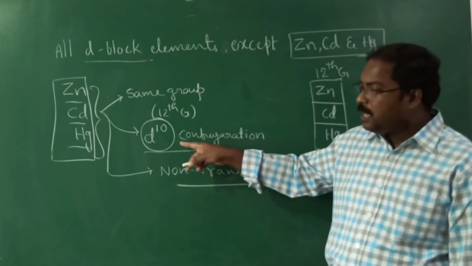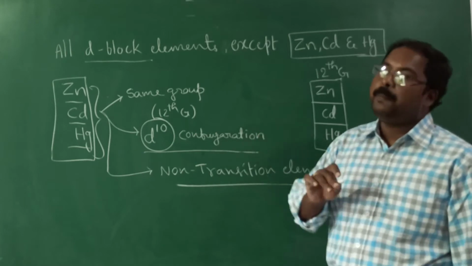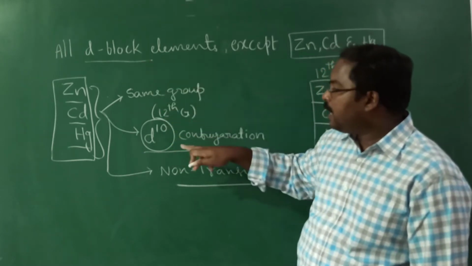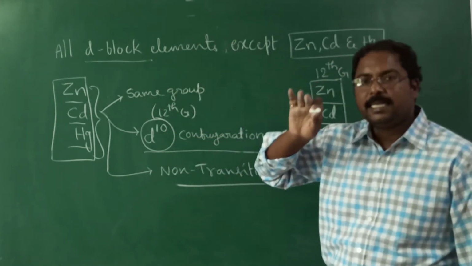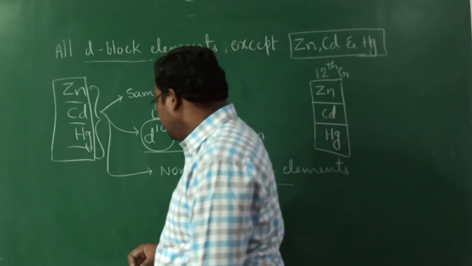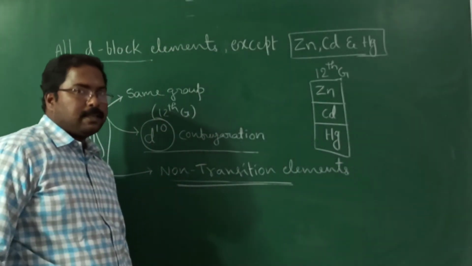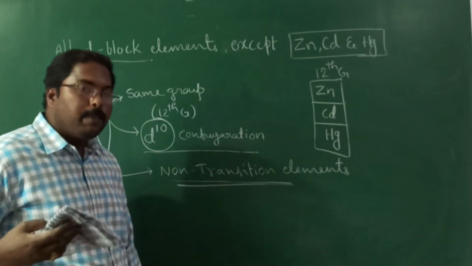Which means the penultimate shell is filled. It is not incompletely filled. That's why these are d block elements, because the last electron entered into the d orbital, but not transition elements. That's why these are known as non-transition elements, right? Even write one point in the notes.